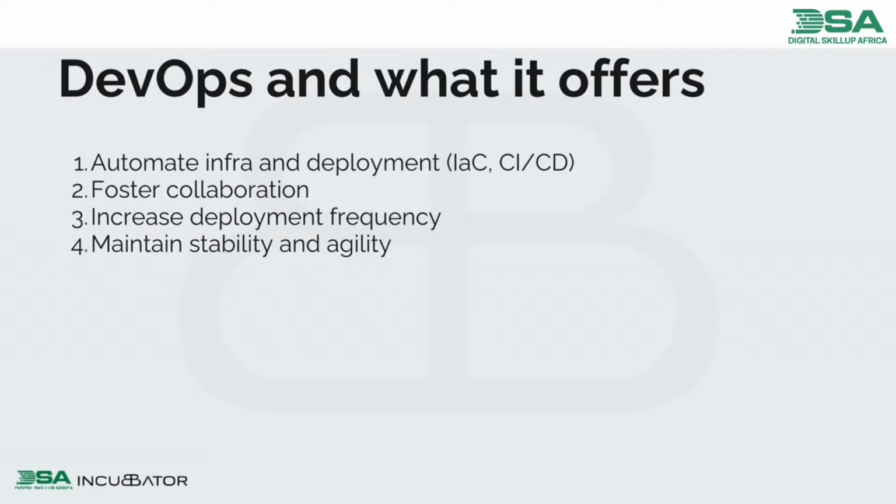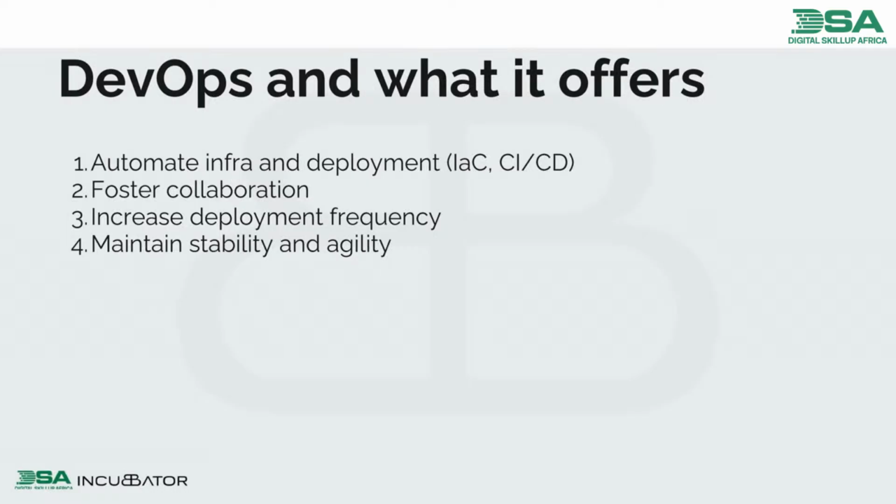So in automating, the infrastructure is now provided as code. When you see automate infra and deployment, you see IaC, which is infrastructure as code. I was explaining earlier that there was a time, around when I started professionally programming, that I would have to SSH into a server or do a remote login into a server and then do things manually.